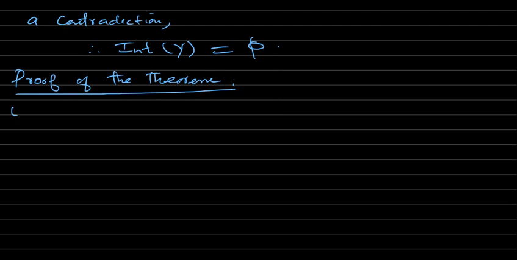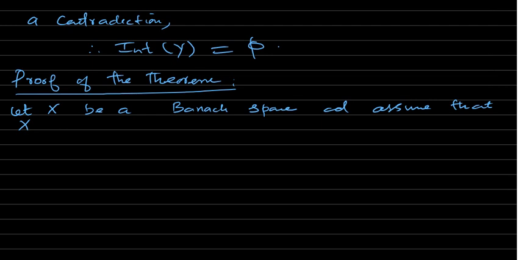Let X be a Banach space and assume that X has a denumerable basis. We have to prove that it cannot have a denumerable basis.